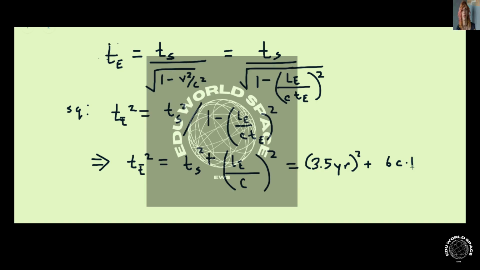That's the distance light travels in 1 year. So 6c times 1 year over c, squared, and your c's cancel, and you work this out, you get Te, the time measured from Earth, to be 6.95 years. Okay.